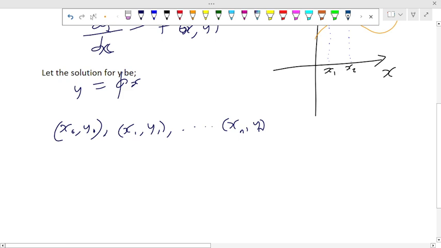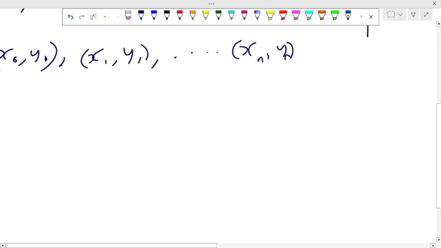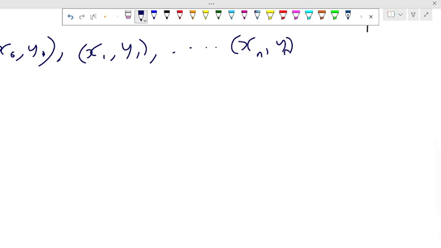One thing to note is that these points from x1 to x2 are equally spaced. That is, the interval from x1 to x2 is the same as the interval from x2 to x3, and so on until xn. Let's say this is a particular term xn. What is the next term?